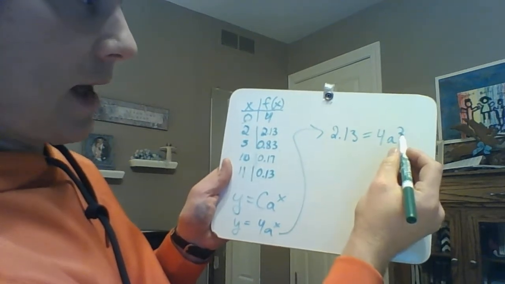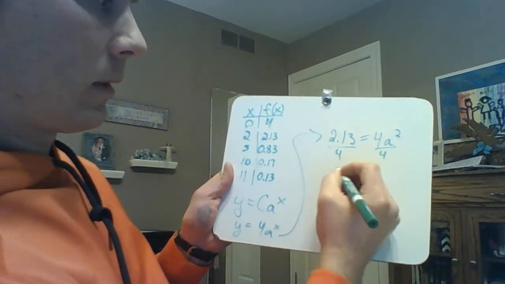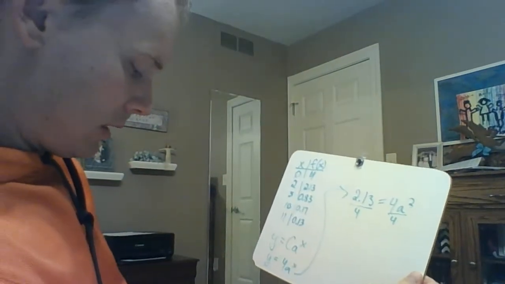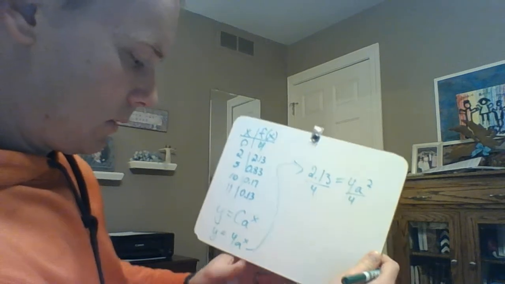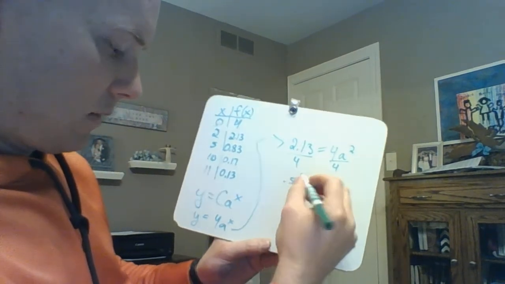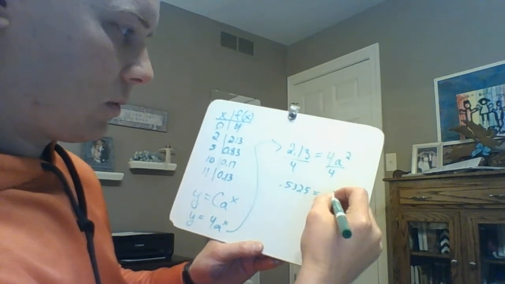You could put in the x for x and the y for y, and then go about solving. I didn't do this ahead of time, so let me quickly do the calculation. 2.13 divided by 4.5325 equals a squared.